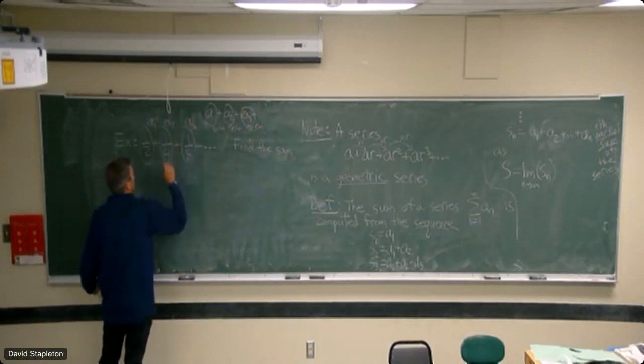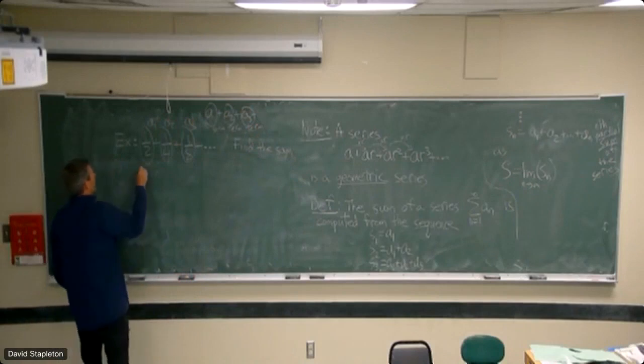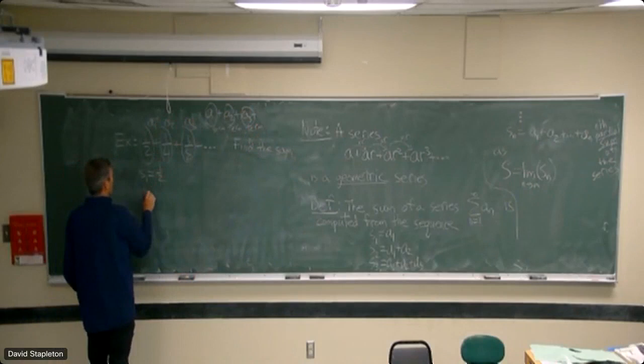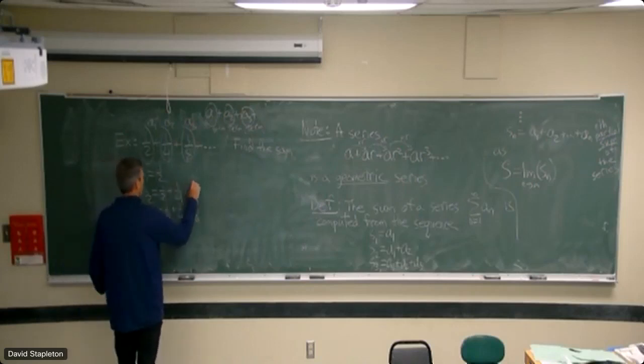And now what you need to do is come up with a formula here. S1 is just the first term, 1/2. S2 is 1/2 plus 1/4. S3 is 1/2 plus 1/4 plus 1/8. Well, it looks like these numbers are getting closer and closer to 1 maybe, because this is 1/2, this is 3/4, this is 7/8.